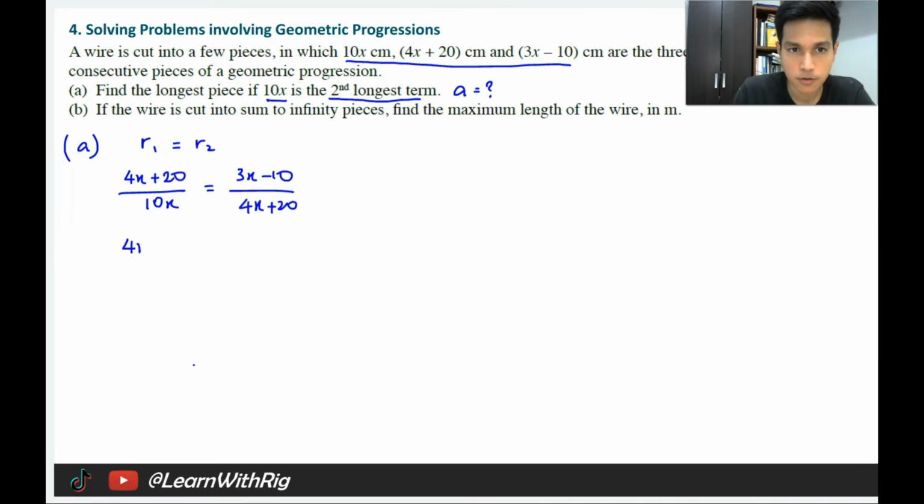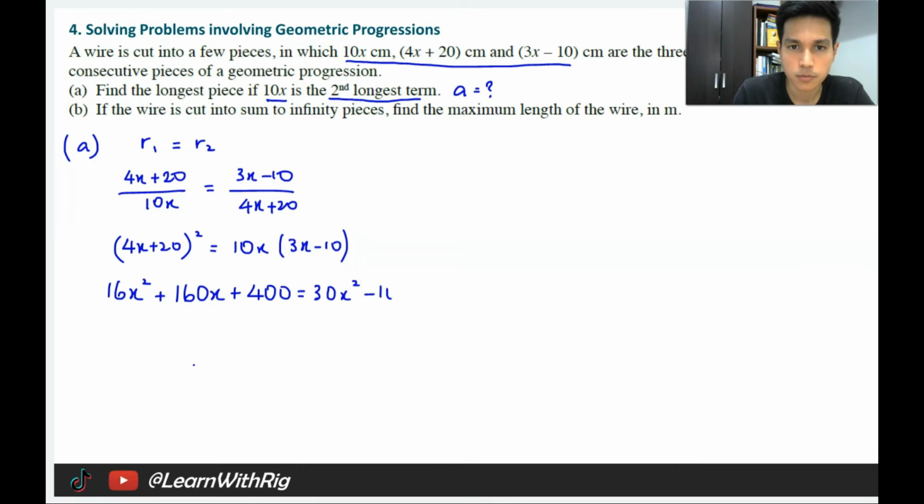So I should get 4x plus 20 squared equals 10x times 3x minus 10. So from here, I'm going to expand this: 16x squared plus 160x plus 400 equals 30x squared minus 100x.